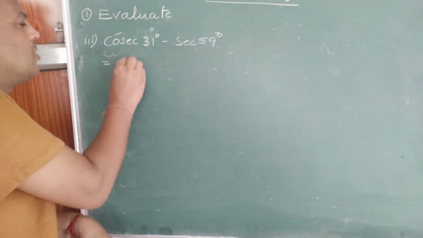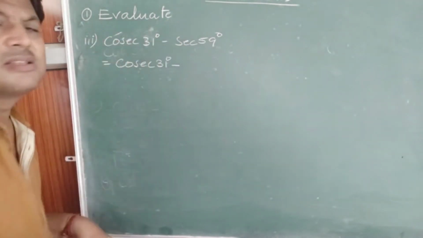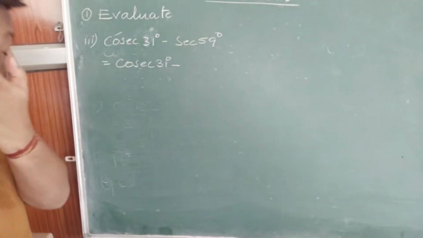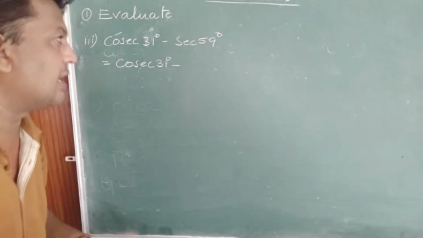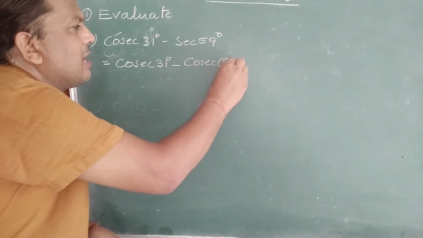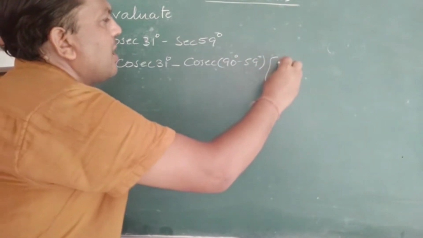So I am keeping the first one as it is, and for the second one, sec A is equal to... yes, children, what I told you here, sec and cosec are interrelated. So in place of sec A, I am writing cosec 90 degree minus 59 degree. Why, children?